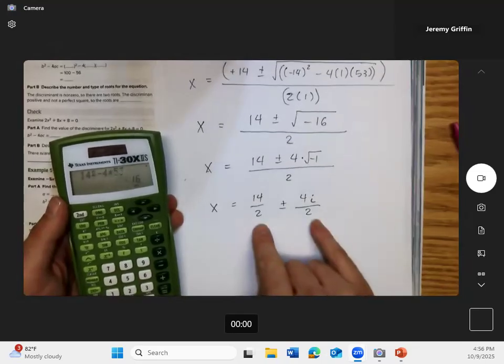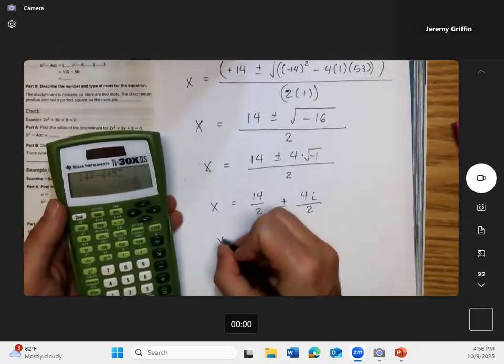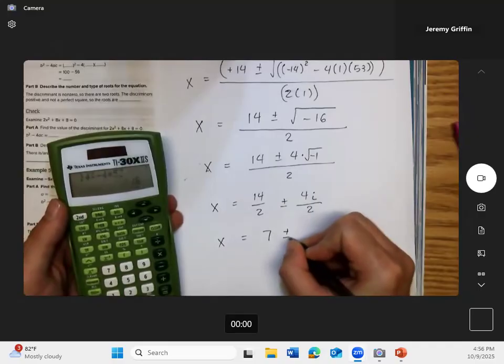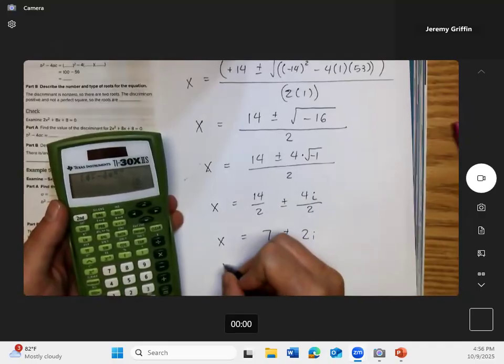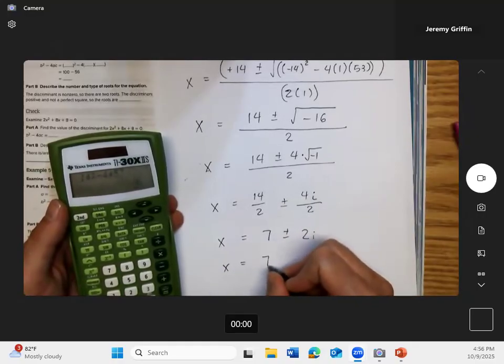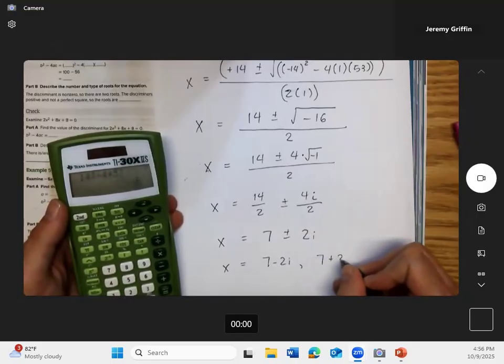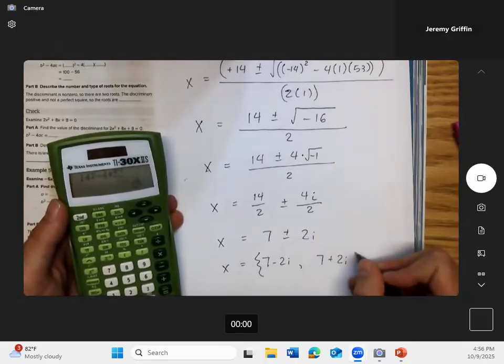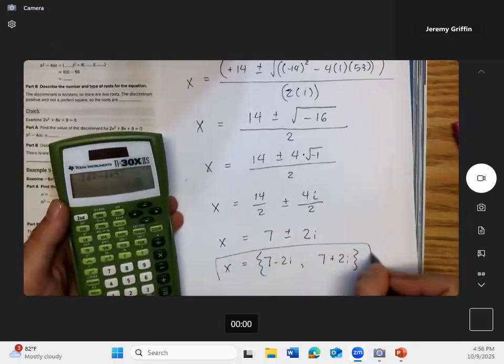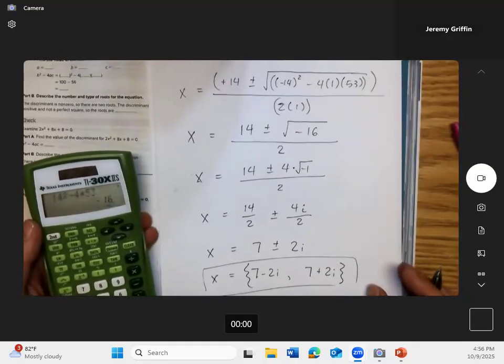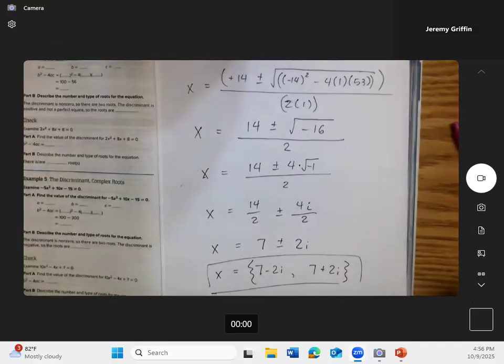Okay? Now, this I can reduce. So x equals 7 plus or minus 2i. Or if you like, x equals 7 minus 2i, or 7 plus 2i, curly brackets for discrete answers. Right? Anything like that. There you go. Imaginary solutions.